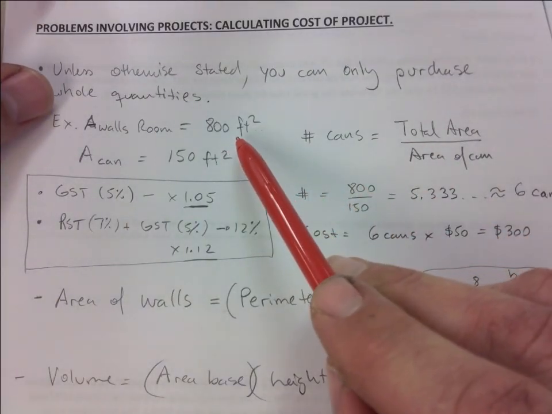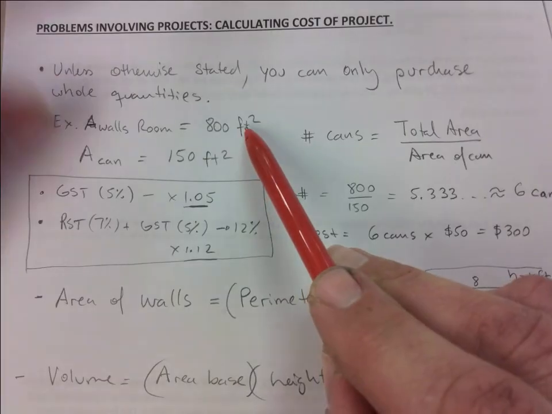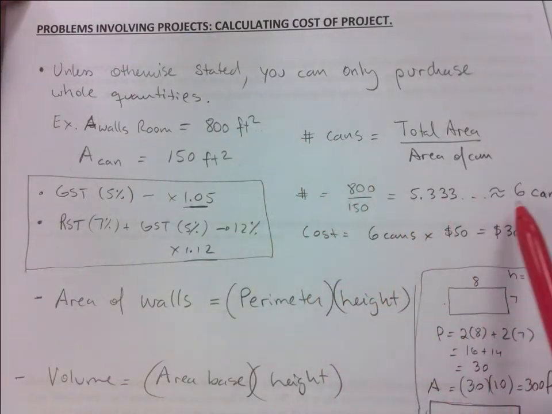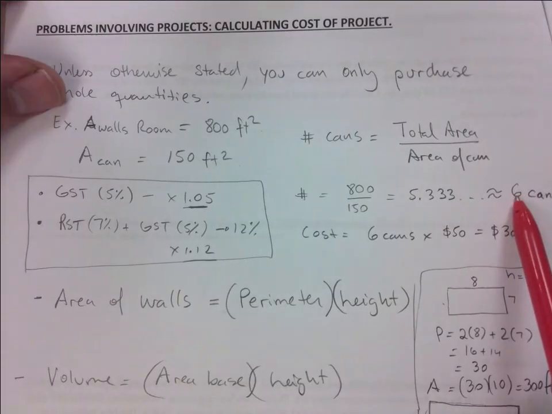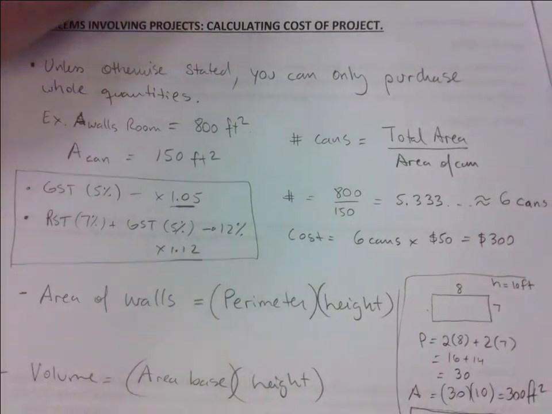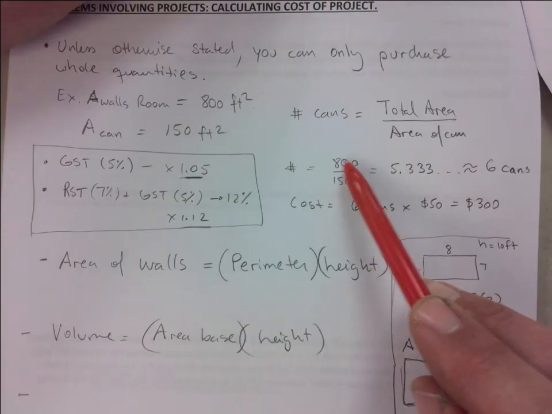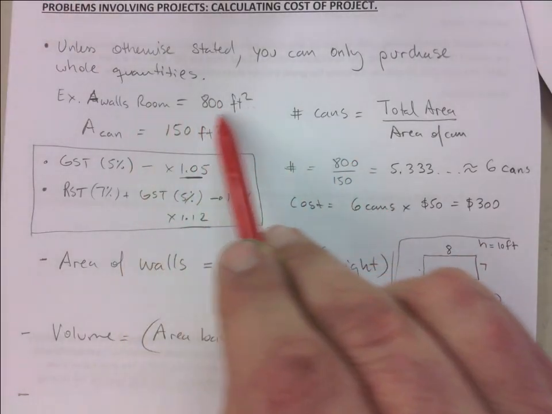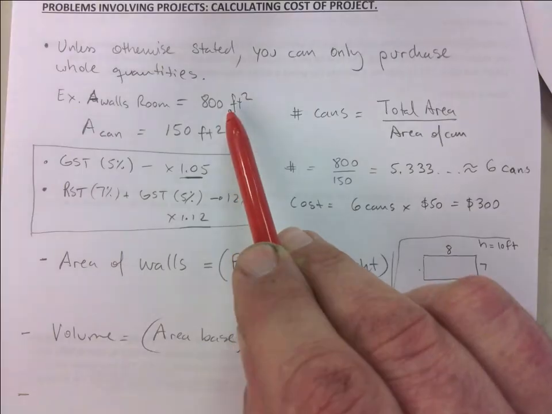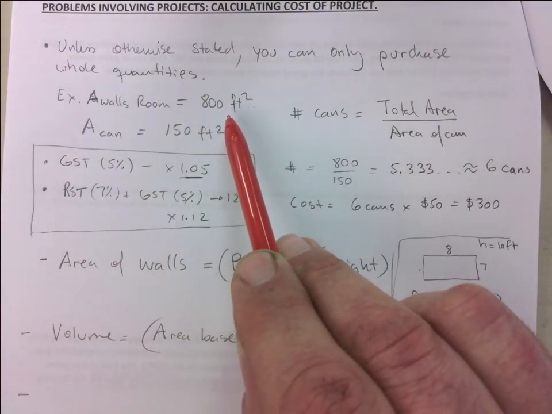A lot of you are tempted to just, when it's 2 coats, you're just going to do your calculation. You're going to get to 6. You're going to multiply that by 2. If you want to put 2 coats on, don't do it here. You do it right here at the beginning, like the 800, like whatever the walls of the room would be, you multiply that by the number of coats.